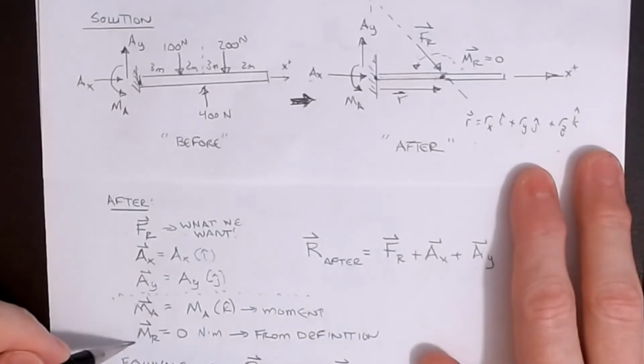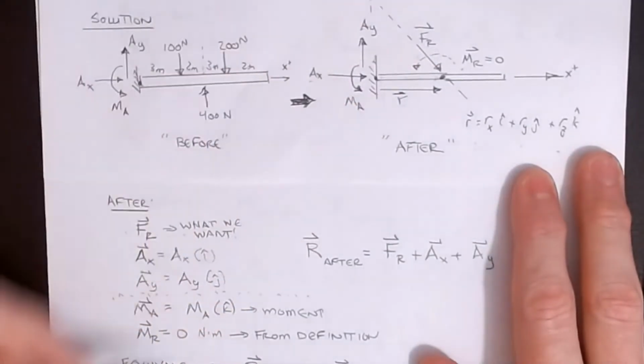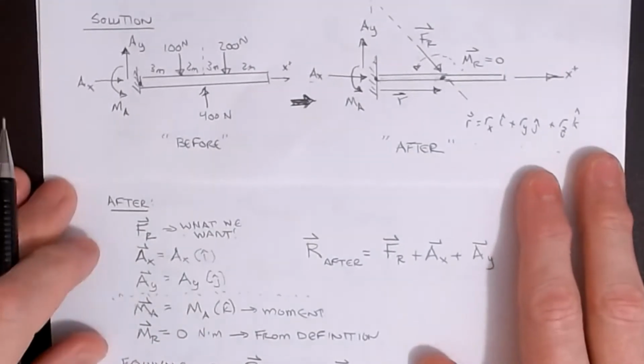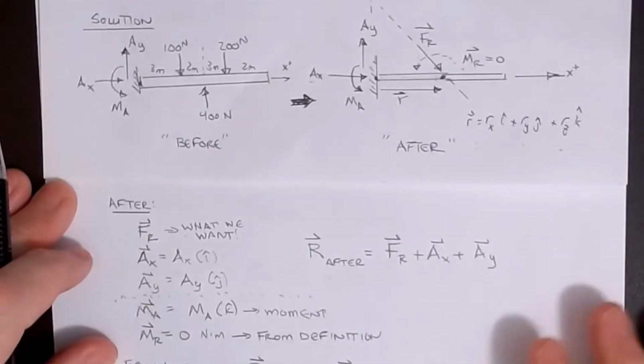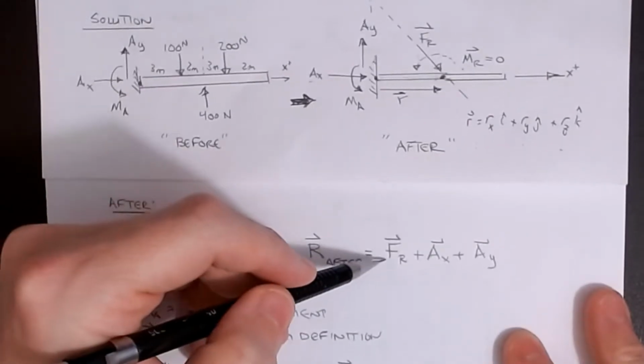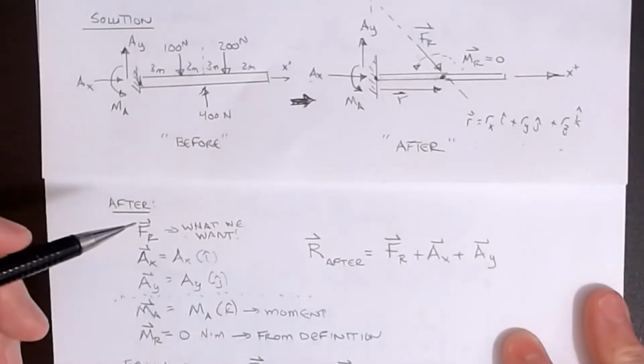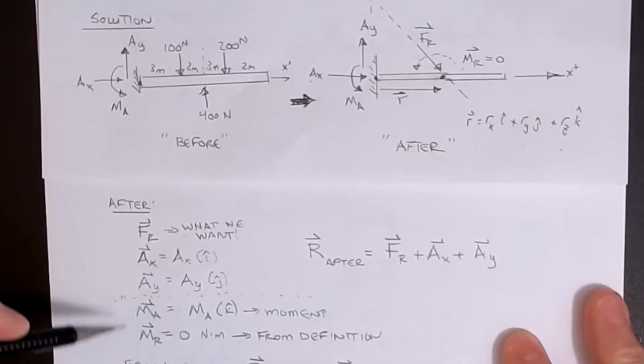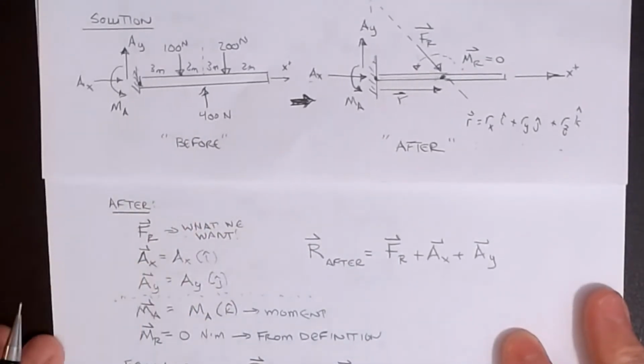And then my MR, from our definition, was this dotted arrow that was here. Our MR is 0, so we'll leave that in there. So our equation for the after picture for the forces is R after is FR plus AX plus AY. Again, the moments don't add because this is a force resultant, not a moment resultant.